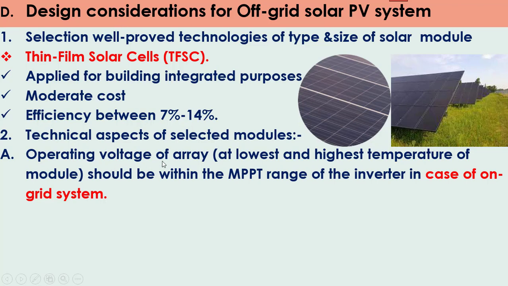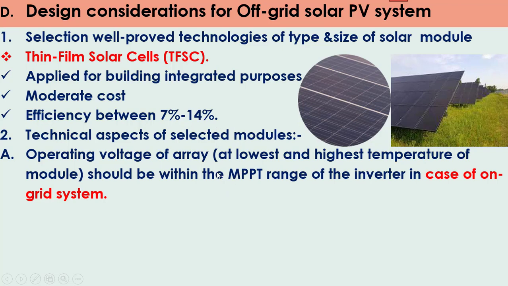operating voltage of the array, which represents the safe operation of our array at the lowest and the highest temperature for the module. It should always be within the maximum power point tracking range of the inverter. In the case of an on-grid system, this is a very important note that we must take into consideration.